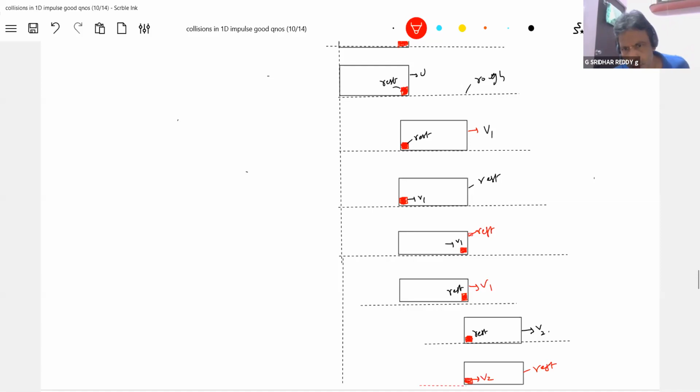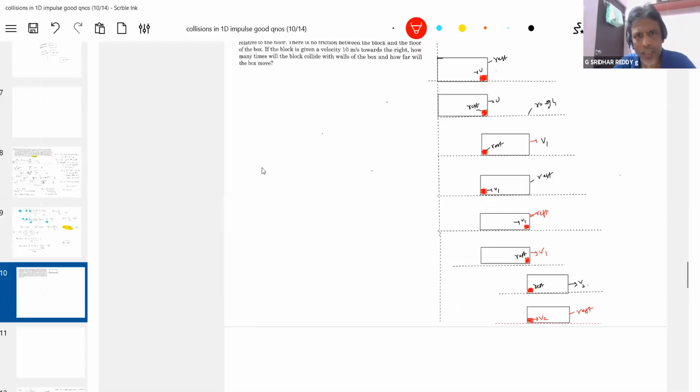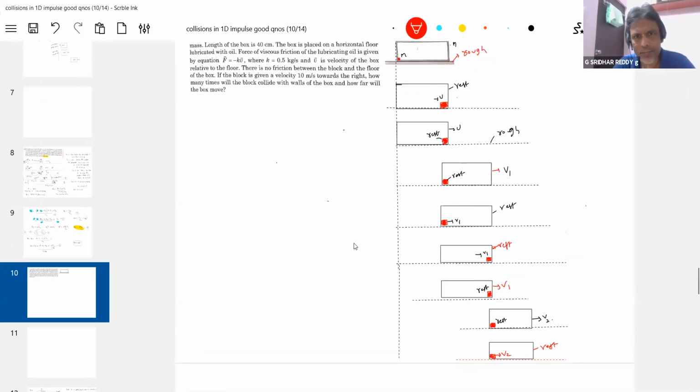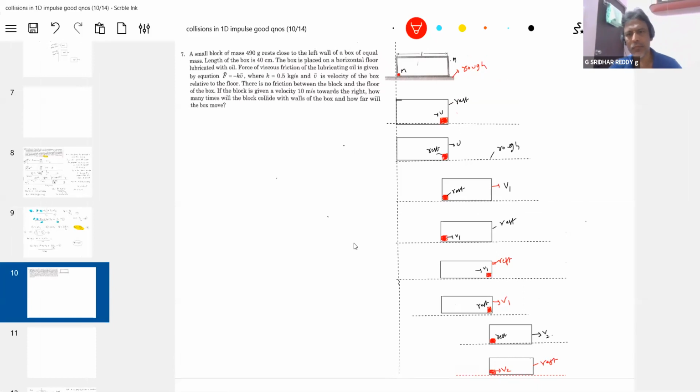I think this is enough for us to get an idea of what's going on. Okay, let's come to the question now. So what is the question asked? How many times will the block collide with the walls of the box, and how far will the box move?